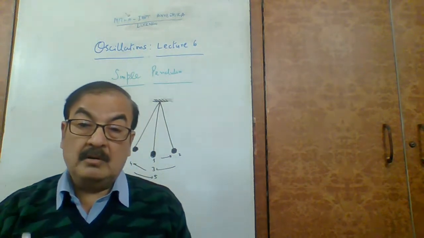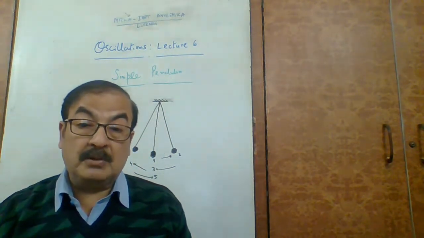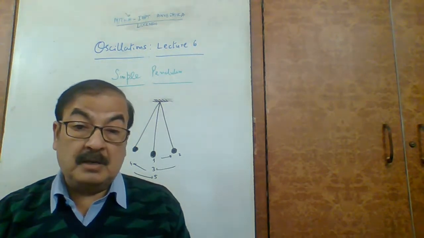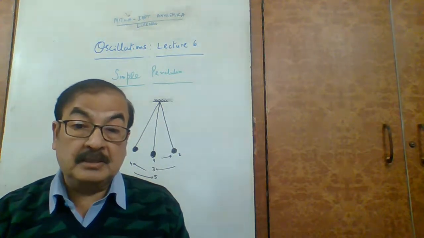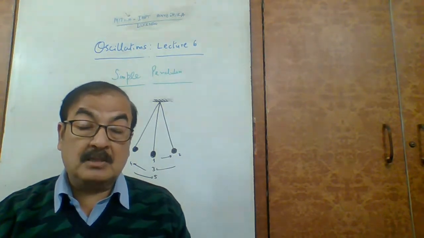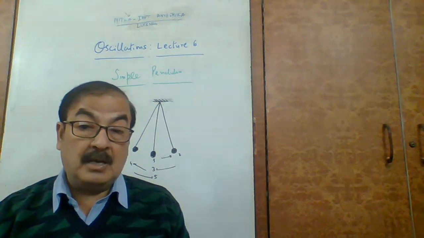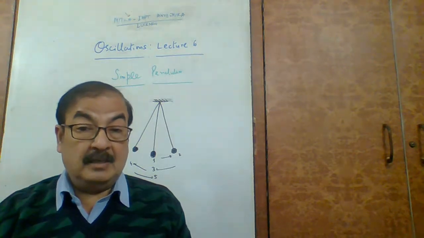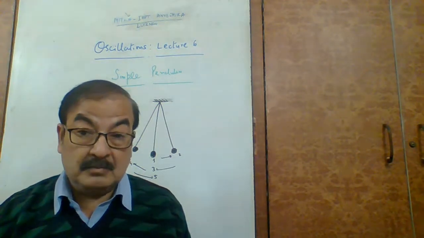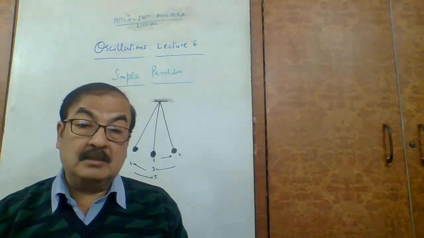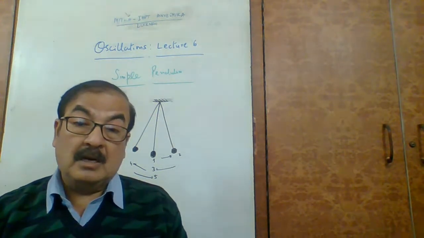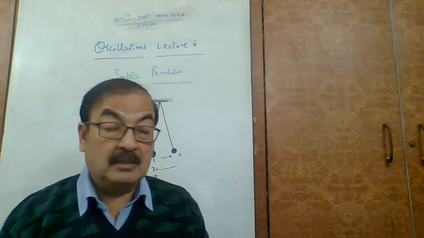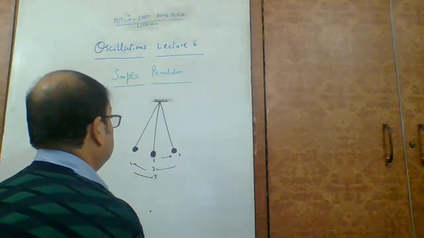Whenever a small point mass, or what we call small but heavy, is tied to a string which is massless, flexible, and of course inelastic and inextensible, and such a string is suspended from a rigid support, we call that a simple pendulum. First we define the simple pendulum.